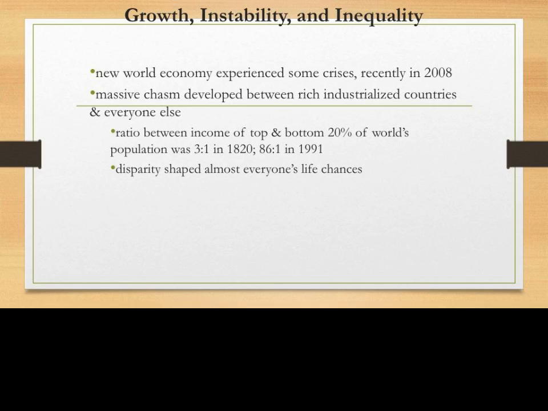The new world economy experienced a series of crises, most recently in 2008. There's a massive chasm that's developed between rich industrialized countries and everyone else. The ratio between the income of the top and the bottom 20% of the world's population was 3 to 1 in 1820. It was 86 to 1 in 1991. So there's great disparity that has shaped almost everyone's life chances.